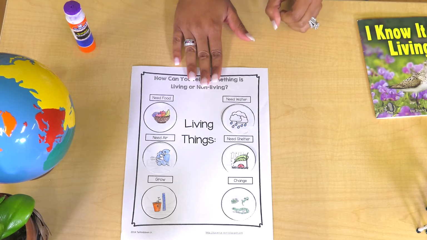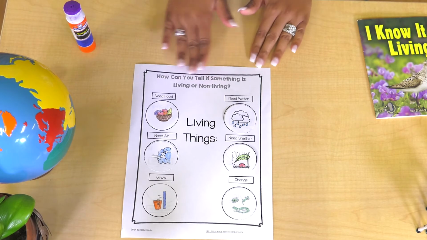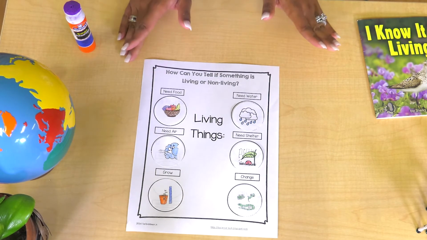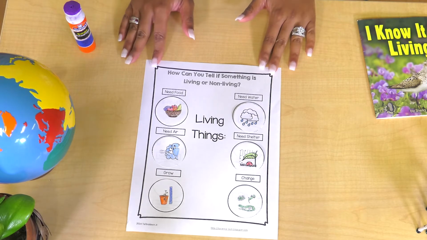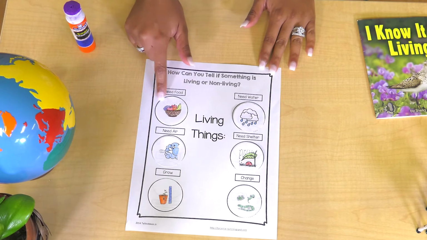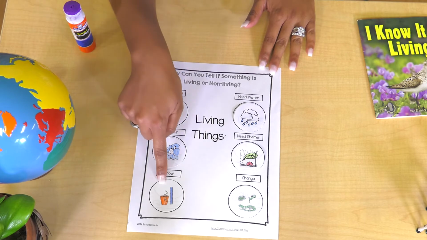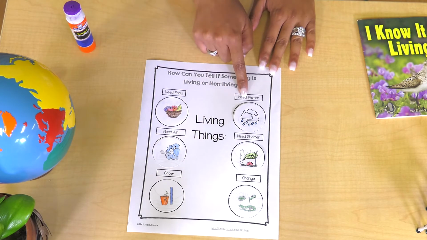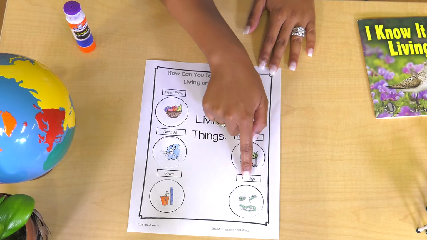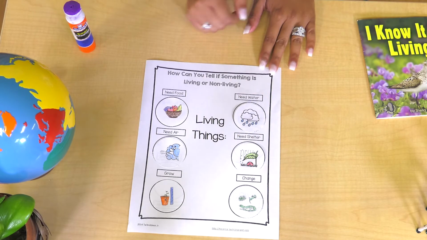Living things change. So living things, how do you know if they're living things? They need food, air, they grow, they need water, shelter, and they also change.